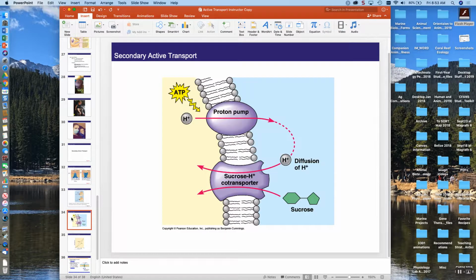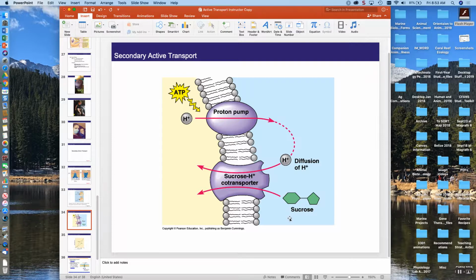Now, you'll notice that sometimes, just like with the pump, there are other primary active transporters that are actually coupled to secondary active transporters. In this case, this is a proton pump, an F-type primary active transporter that is using the energy from the hydrolysis of ATP to move protons against their concentration gradient, establishing a very high concentration of protons on the extracellular side.